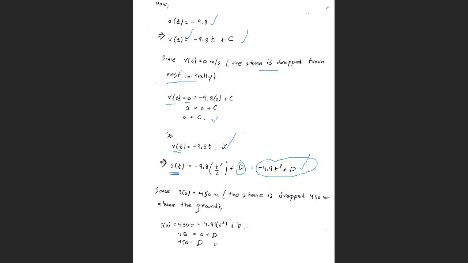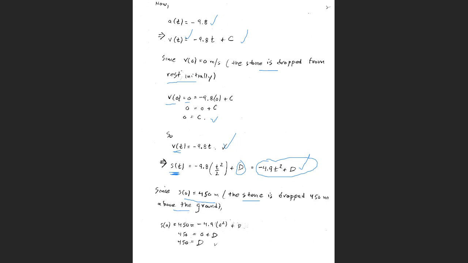So at time 0, initially the stone is 450 meters above the ground, and that means we can solve for d.